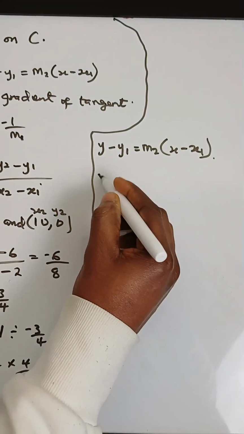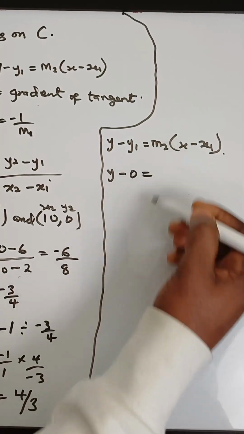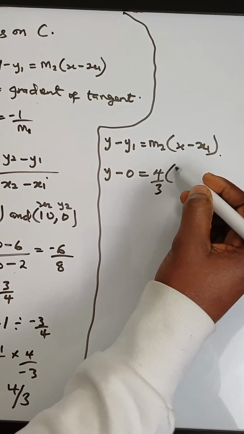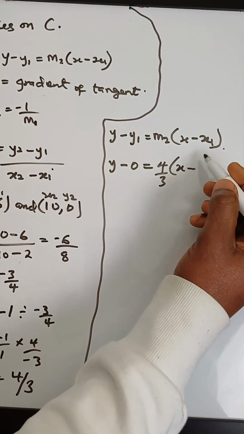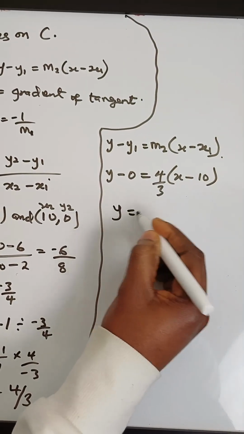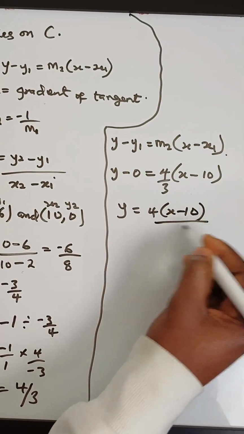So y minus the y1, that's 0, equals the m2, that's 4 over 3, times (x minus the x1, that's 10). So we have y equals 4(x minus 10) over 3.